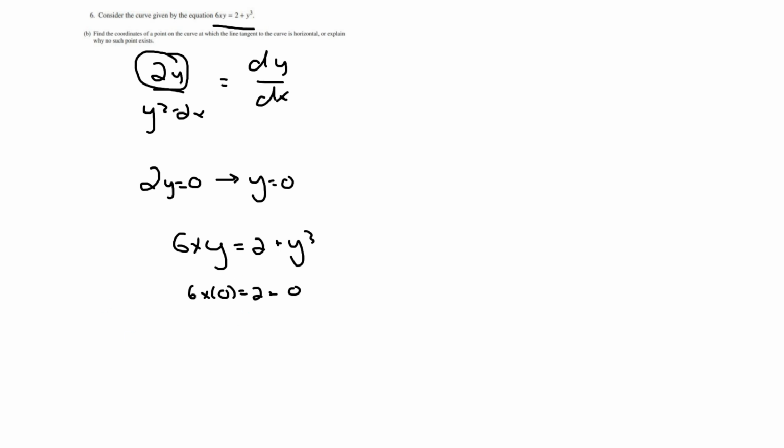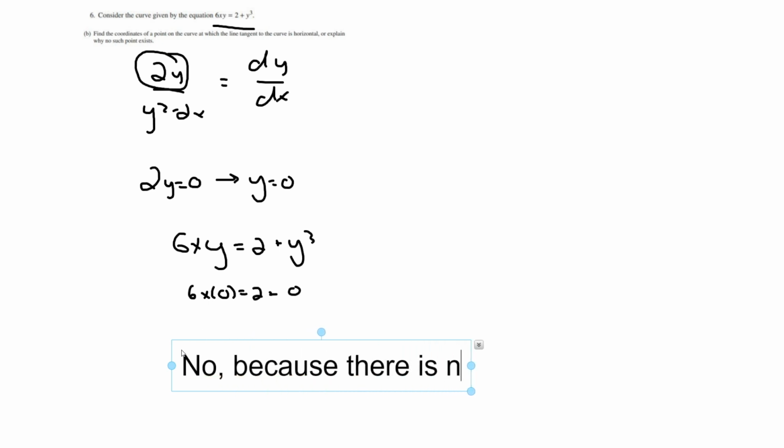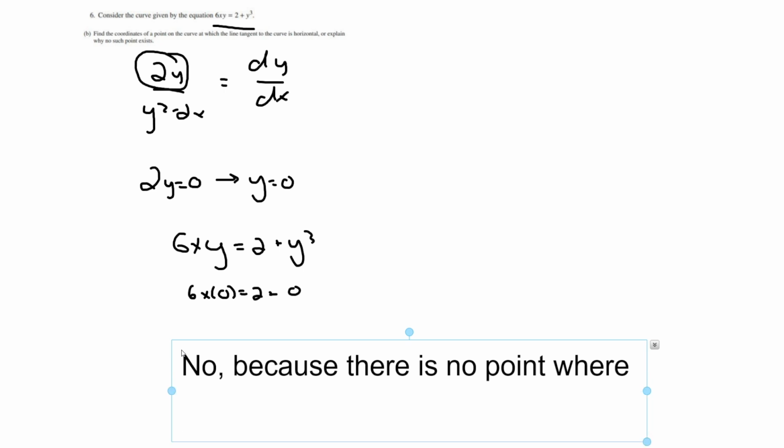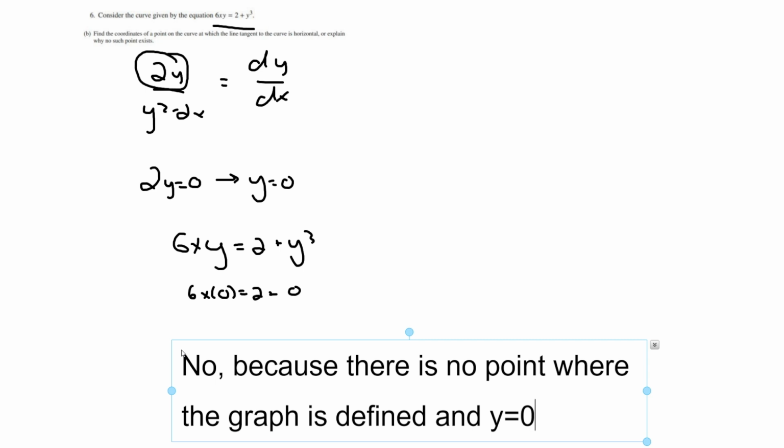So this is not a point on the graph. So the answer would be no then. I'll just leave it because there is no point where the graph is defined and y equals 0. Just write something like that. All right, and your work would help you show that that's true.